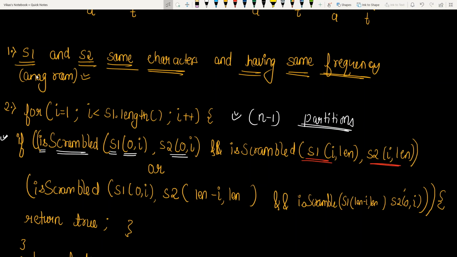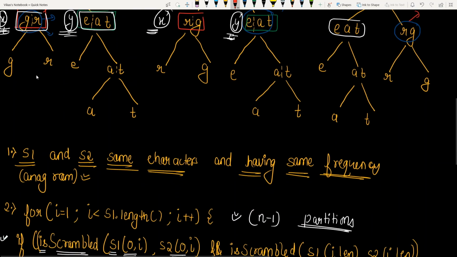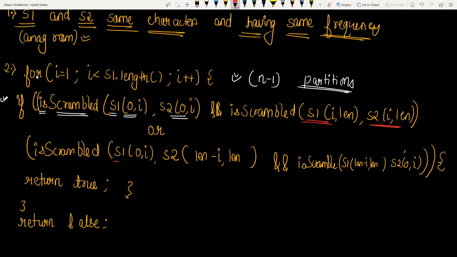Or there is one more condition, that is, if my left is scrambled with right and my right is scrambled with left. My starting is checking for the ending and my ending is checking for the starting. So these are the two conditions that we have checked. If either of these two conditions is true, then we return true as our answer, otherwise we return false.